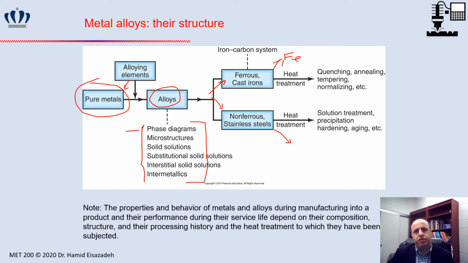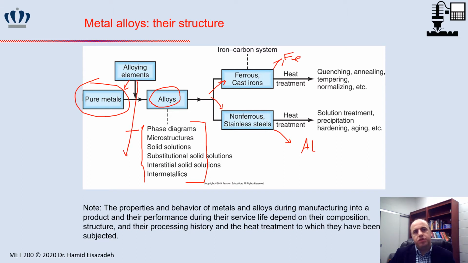This is without Fe: aluminum, copper, other materials. And mechanical properties like ductility, strength, the Young modulus, all of these properties depend on the alloying elements.